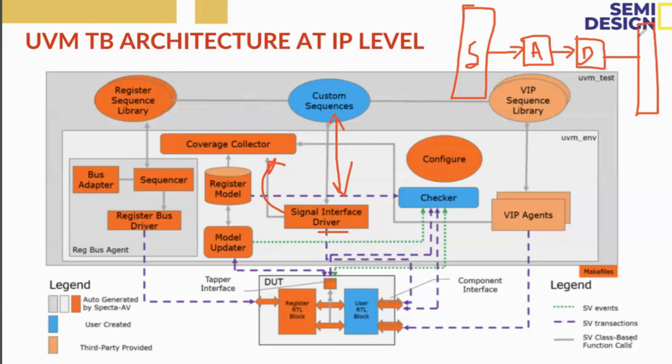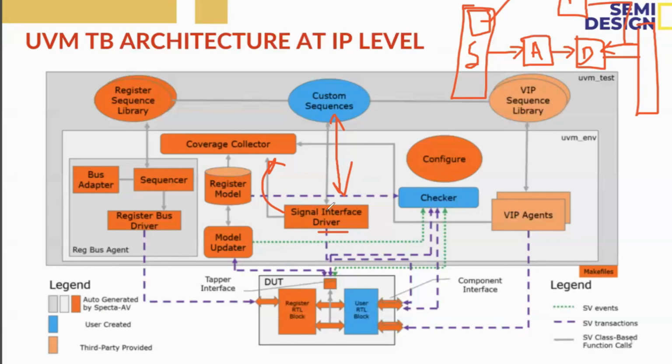After sending to the DUT, it comes again to the driver, and then the adapter will convert that bus sequence to register sequence. That will be taken into the predictor, and the predictor will get the updates. That is the front door access. If you go to back door access, we don't have the driver directly here. There will be another adapter in the predictor, so that it directly stores the data. This is actually the register transfer.